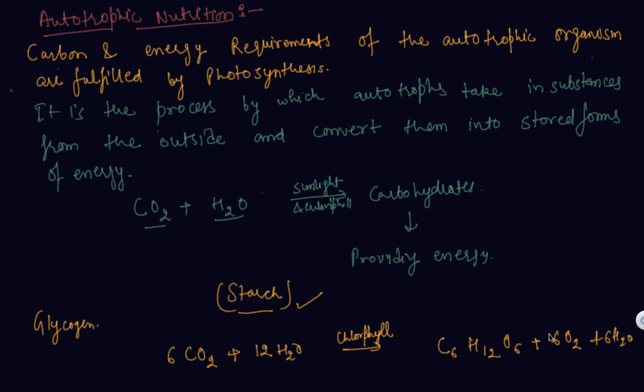This process is known as photosynthesis. In this process, absorption of light is done by chlorophyll, light energy is converted to chemical energy, water molecules are split into hydrogen and oxygen, and reduction of carbon dioxide to carbohydrates takes place.